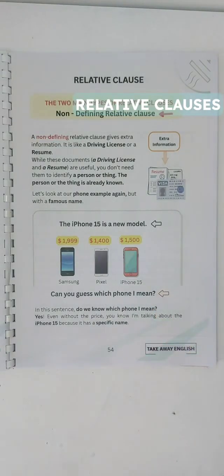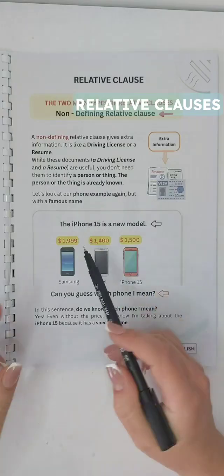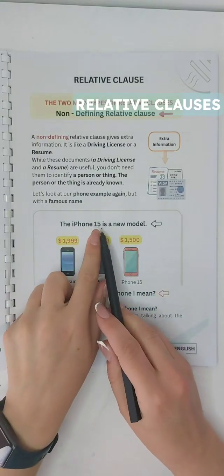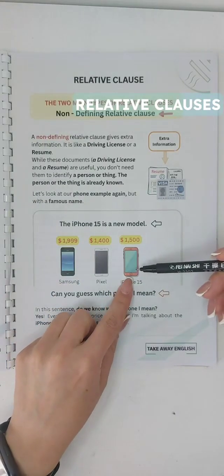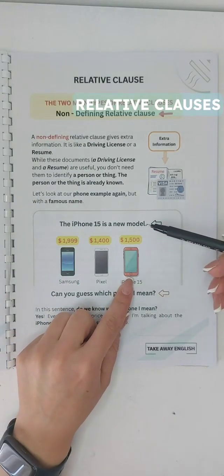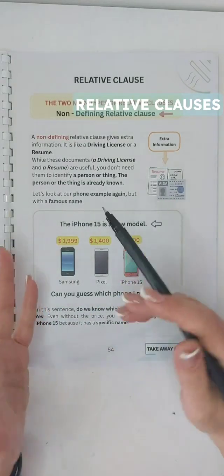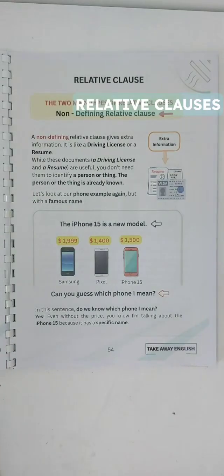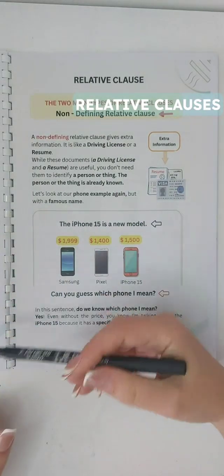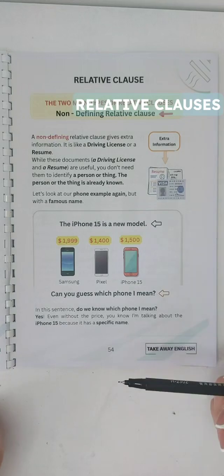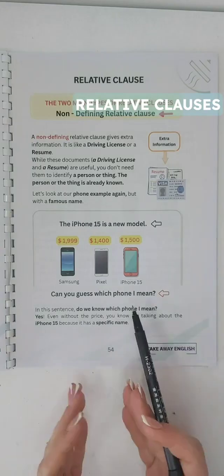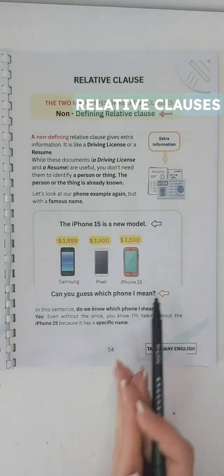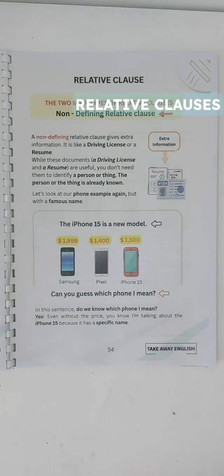So again, here we don't need essential information to understand which phone is a new model. It's optional. Of course, I can say the iPhone 15, which is orange, is a new model. Of course, we can add extra information, but it's optional. Even without this extra information that it is orange, we already know which phone is a new model.